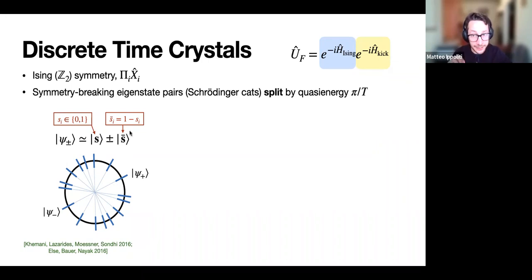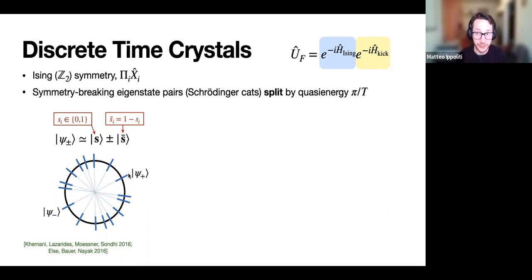And an additional wrinkle that is the real signature of time crystals is that these two Schrodinger cats that are the symmetric eigenstates are not degenerate, but they are offset by exactly a pi phase. So they live on antipodal points on this unit circle rather than being nearly degenerate.